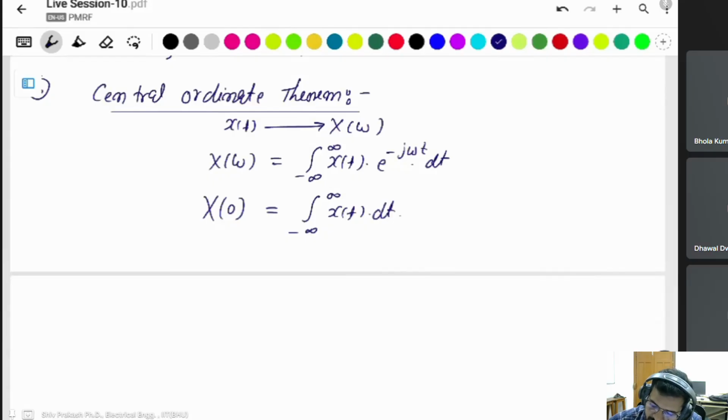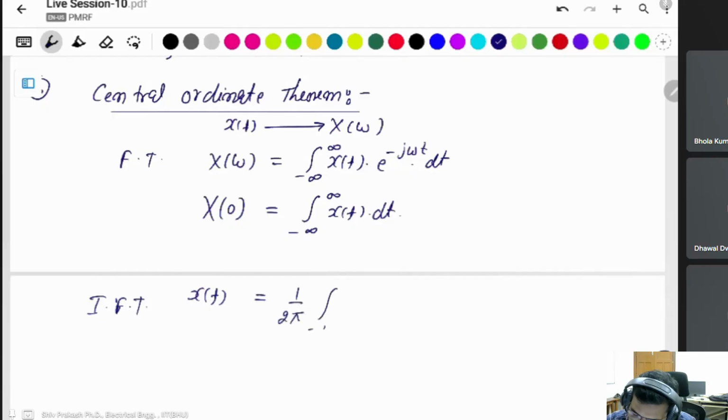In the same case, if there is x t, sorry, this is the Fourier transform, and this will be the inverse Fourier transform. We know the formula, 1 by 2 pi integration from minus infinity to infinity of x omega into e to the power of j omega t into d omega.